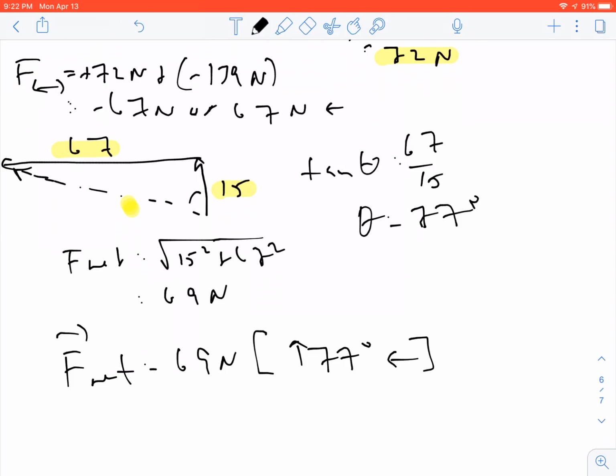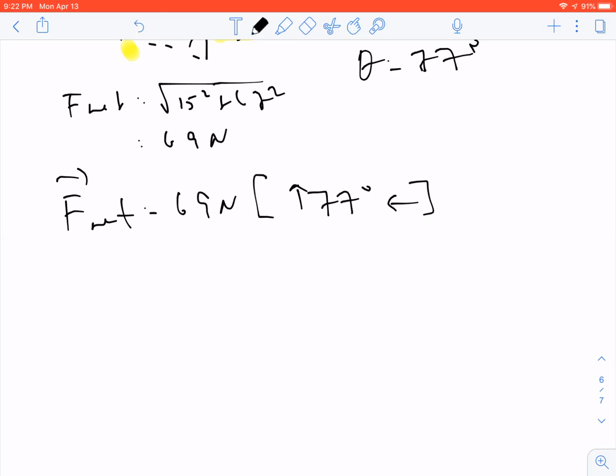Now the question is also asking me for a distance traveled. To find the distance traveled by the motor over a period of 1.2 seconds, I obviously need to know the acceleration, which I can get from the Fnet.